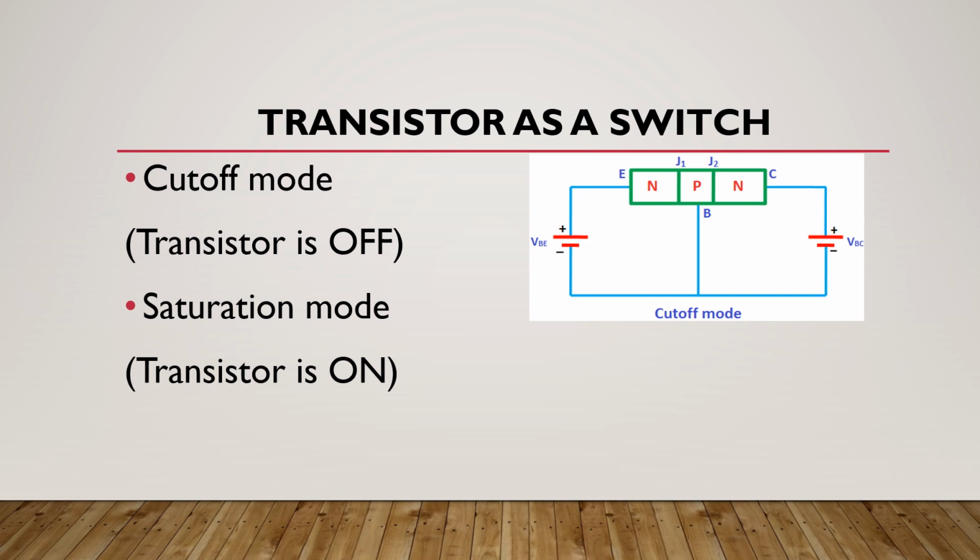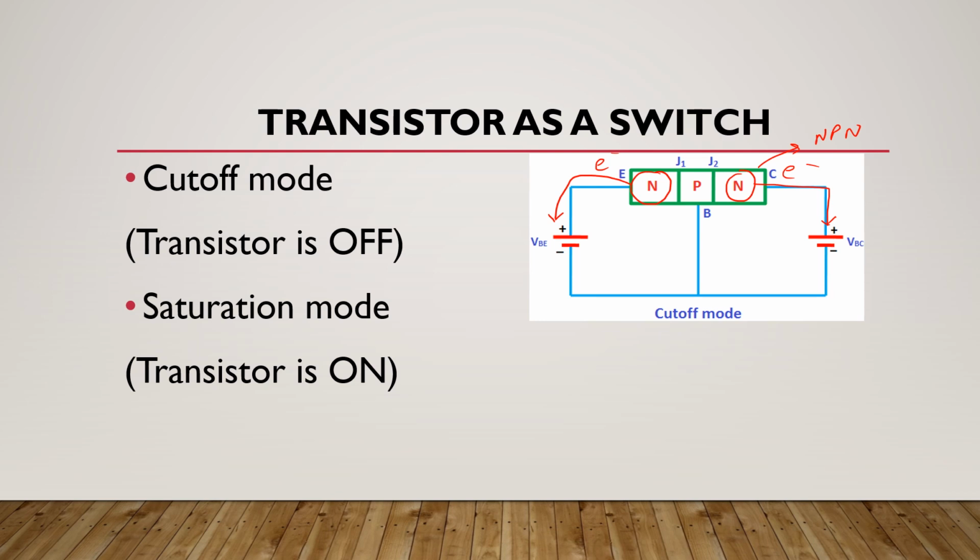Now look at this circuit. This is an NPN transistor. As you can see here, the N-type material of this emitter region is connected to the positive terminal of the battery, and again in the collector region this N-type material is connected to the positive terminal of the battery. It means in this case there will be attraction of these electrons towards these positive terminals.